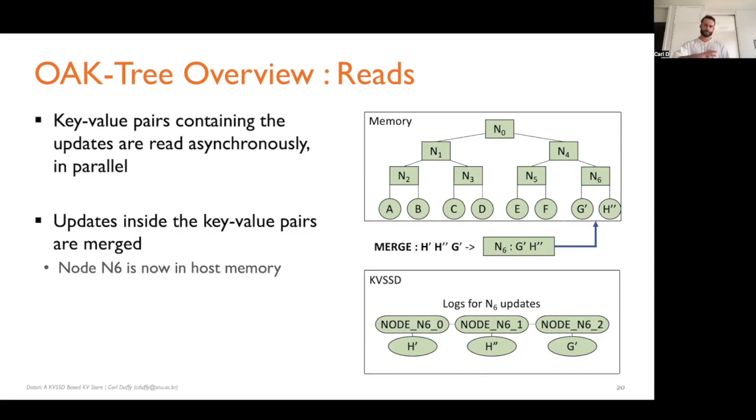So we read N60, N61, and N62 using the key value interface, merged them, and then created the node in memory. So we have updated N6 without reading it back into the host memory. And when we've actually needed to read it, we've just collected all the updates without needing to persist another index because we have a key value SSD underneath.